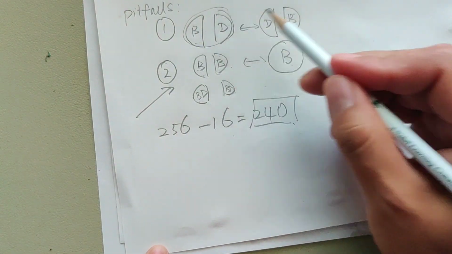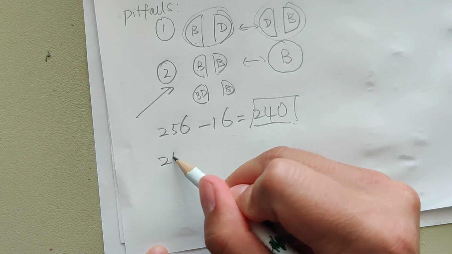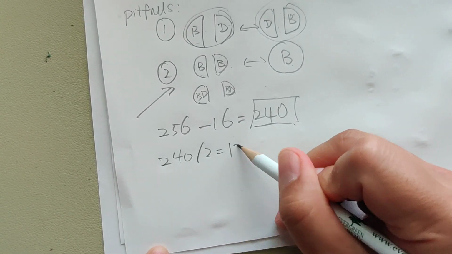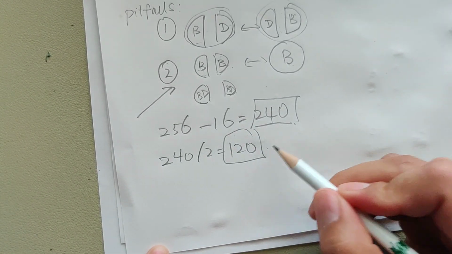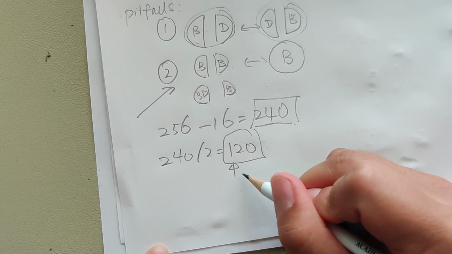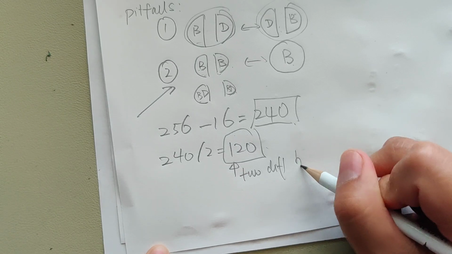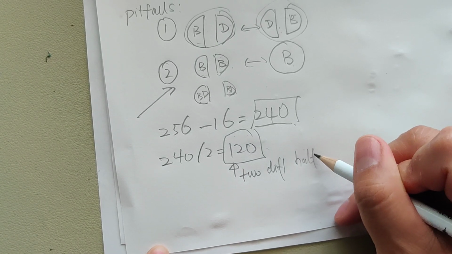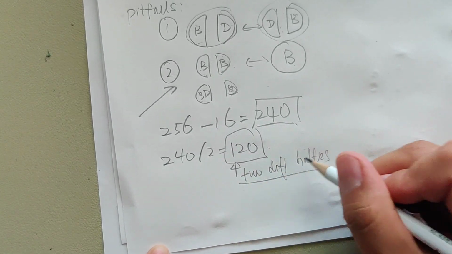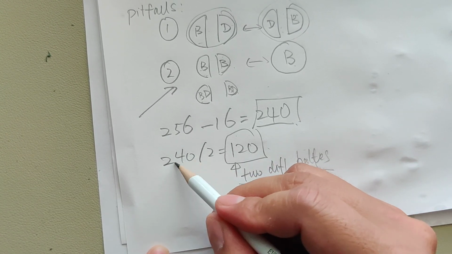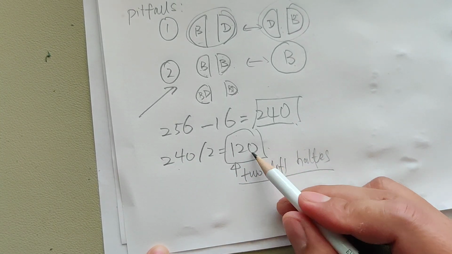Remember, I counted them twice here. So I need to halve it. These are two different halves. Because previously I counted it twice, so I do this here, 120.